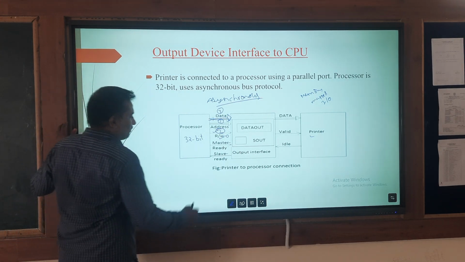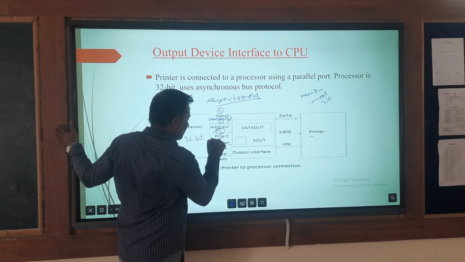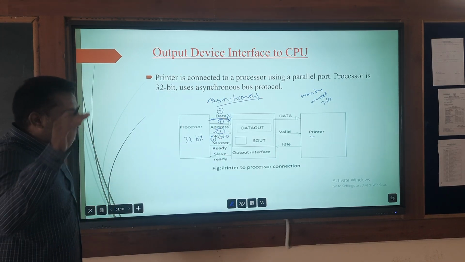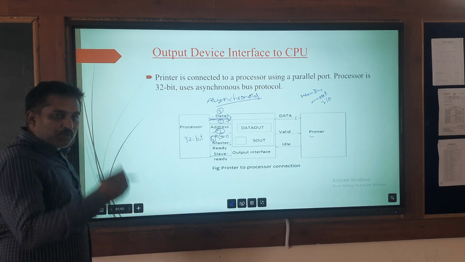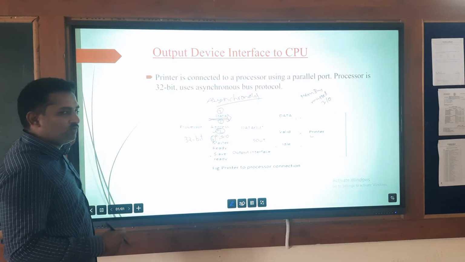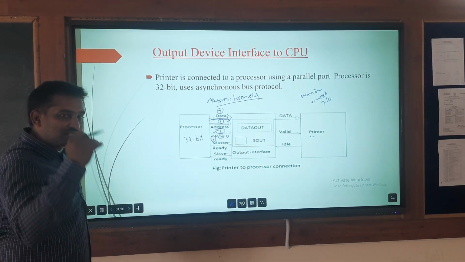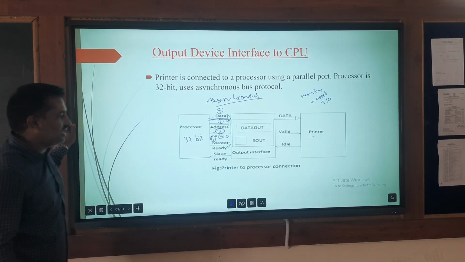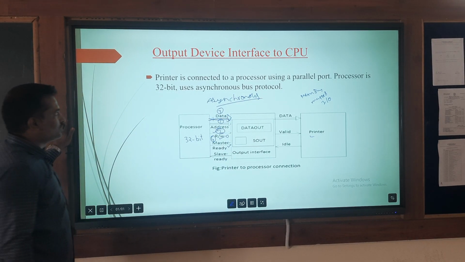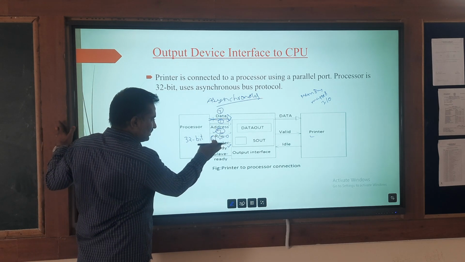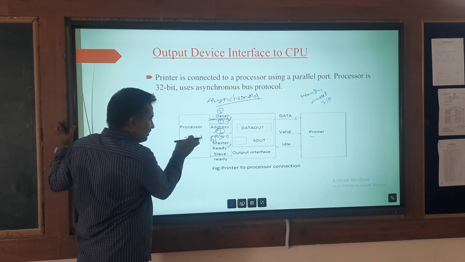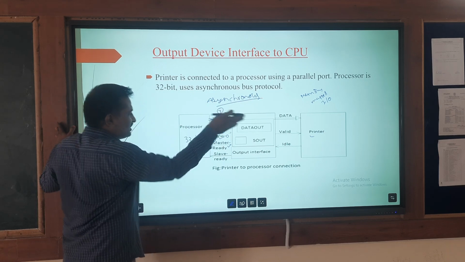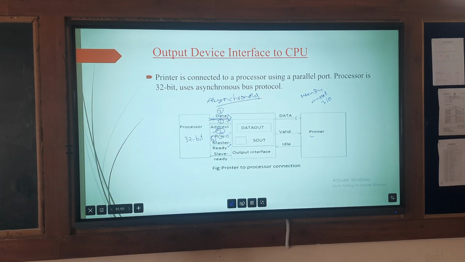Next, the step number 4. What is the step number 4? The processor informs the printer that the processor is ready for the data transfer. That should be identified with the help of the master ready signal. So with the help of the master ready signal, the printer identifies the processor is ready to participate in the data transfer.